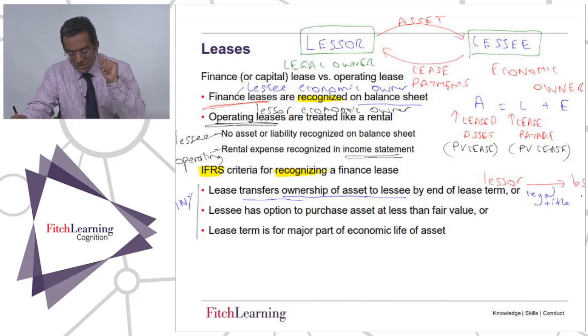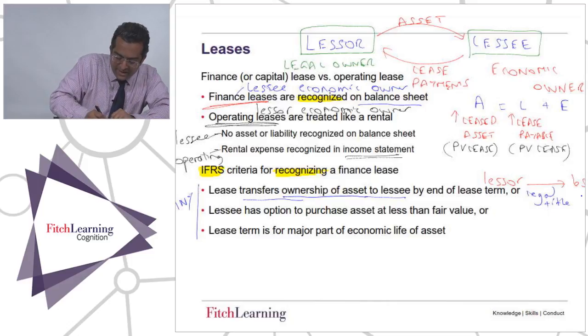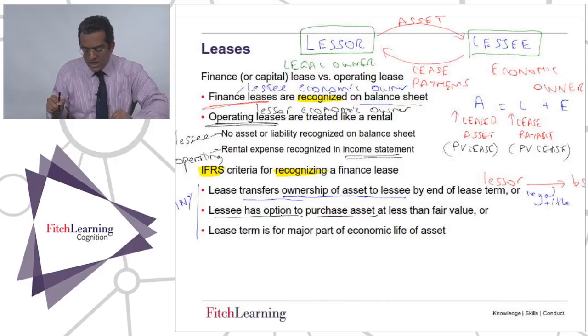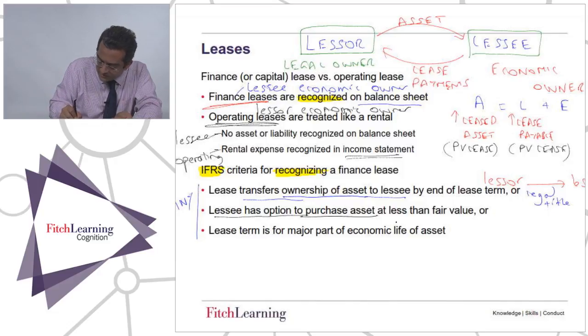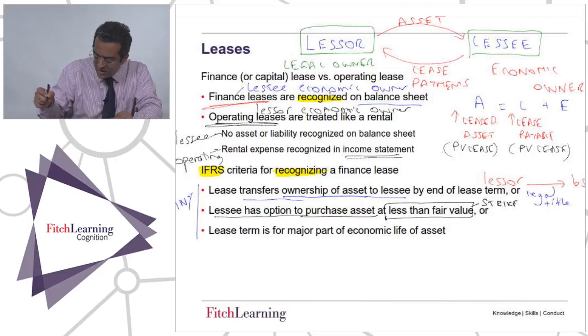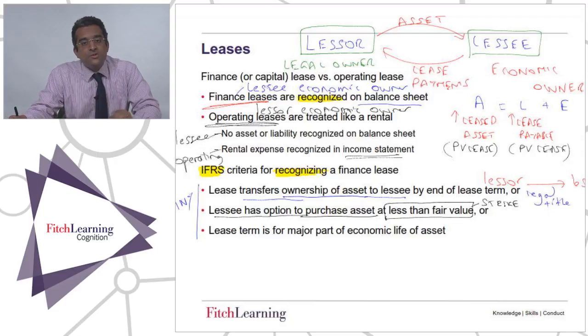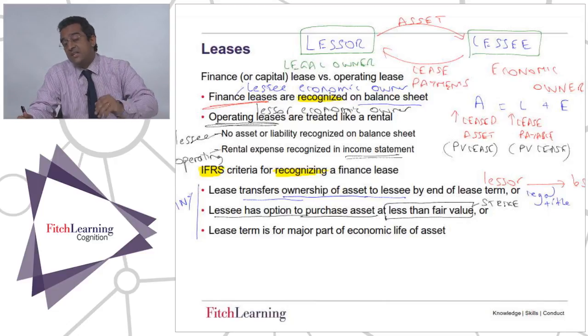Okay? Alternatively, we say there is an option to buy the asset for the lessee. So think of it like a call option, and the call option is assumed to be in the money because the strike price, right? You have like a strike price on an option, and the call strike, if you like, is less than fair value. So that means you can assume that the option will be exercised, in which case behave as the owner then.